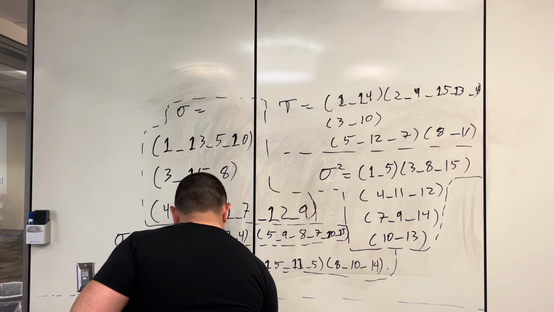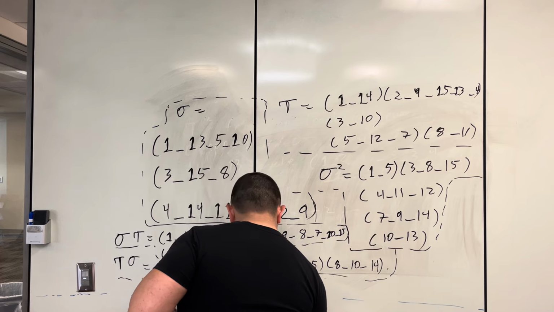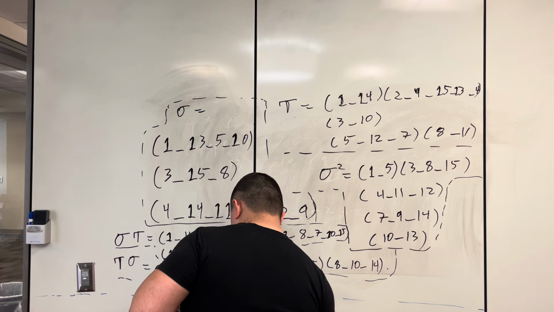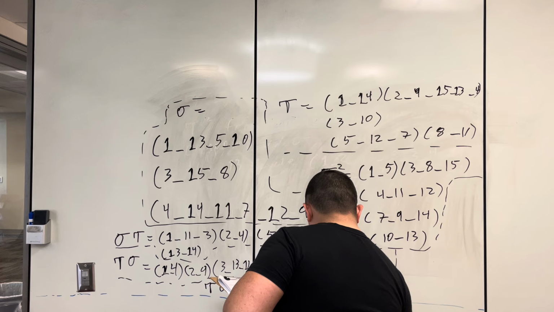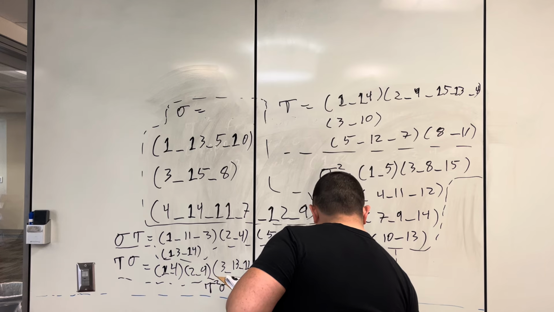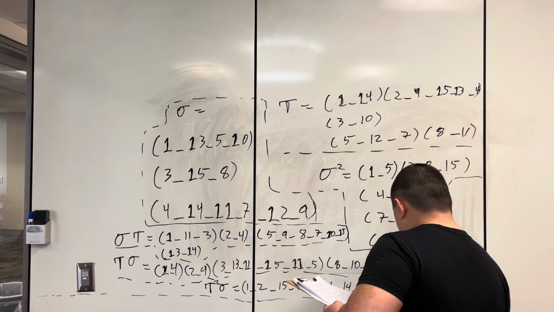Tau squared, let's see, (1 2 15 8 3 4 14 11 12 13 7 5 10).